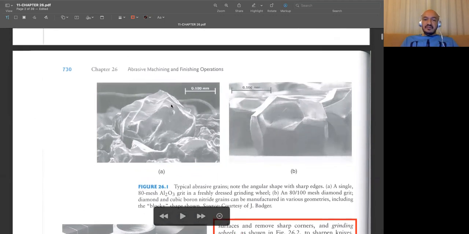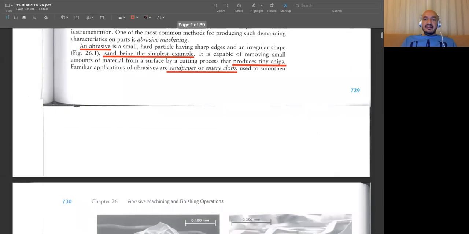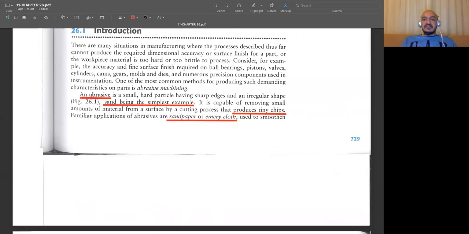Another important issue about abrasive particles is that although they are small, they have many cutting edges. They don't just have a single point cutting edge. Compared to the single point cutting tool, the amount of material they can remove is very low. They can produce tiny chips.